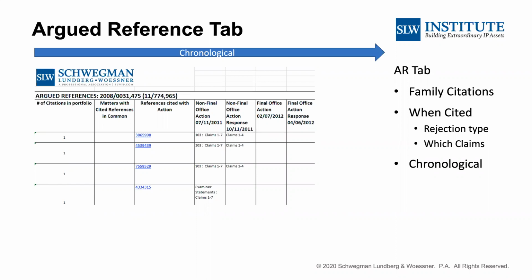So this is another tab where you get really far down into the weeds, and you actually get into little paragraphs and sentences in the references cited in this particular matter. Anybody else on this one? How else do you use this? If not, let's move on to the next slide.